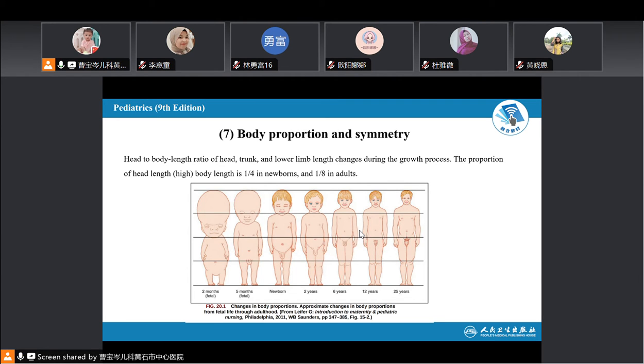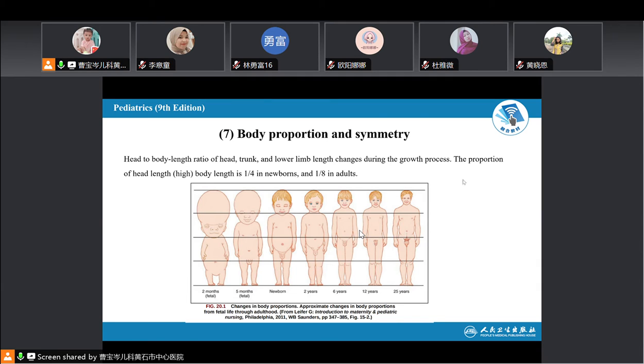This is the body proportion and symmetry. The ratio of head, trunk, and lower limb length to body length changes during the growth process.